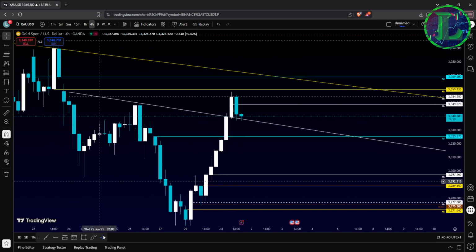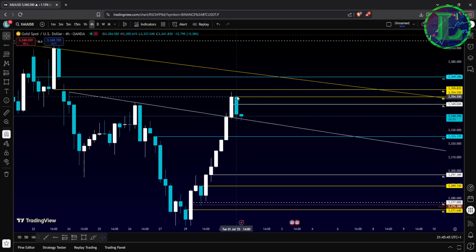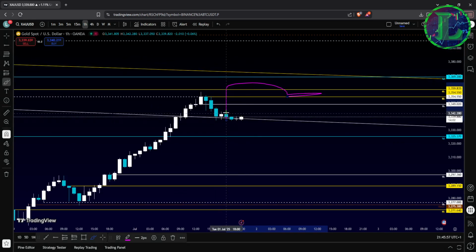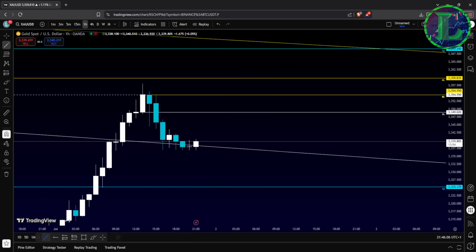If we go, let me pick this one here. If we go above the 4 hour here, we can turn that into a support candle, right? It doesn't need to test that. It just needs to go above and have some 4 hour support in the future. The 1 hour here, it's more complicated because we are actually kind of having a little move down.